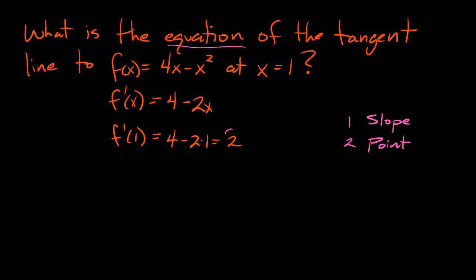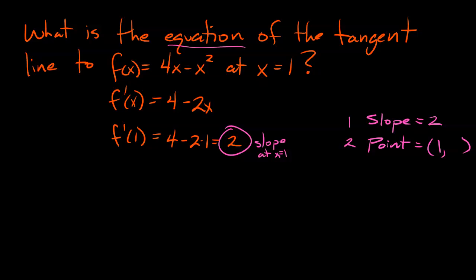We just found the slope. So f prime of 1 tells me that this is my slope at x equals 1. Okay, so slope is 2. I don't have a point in the problem, but I do have half of a point because I was told the x value.